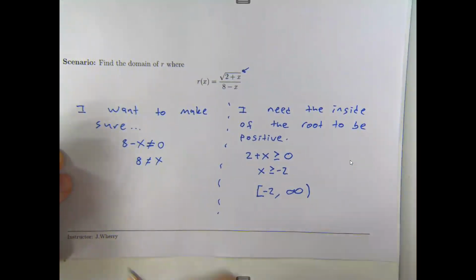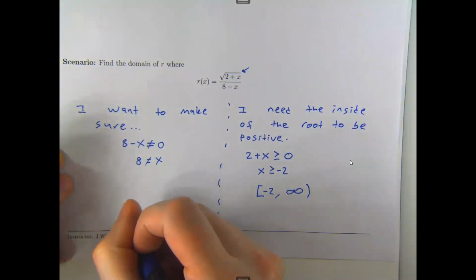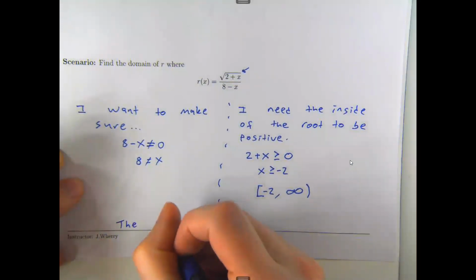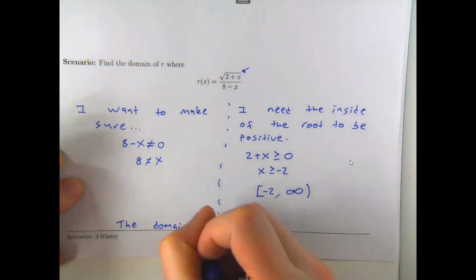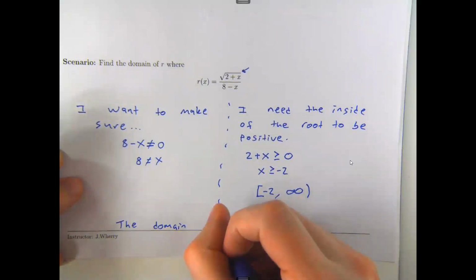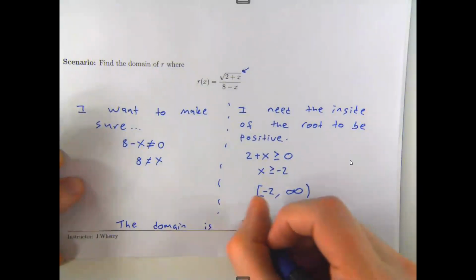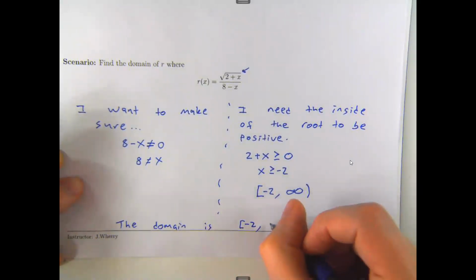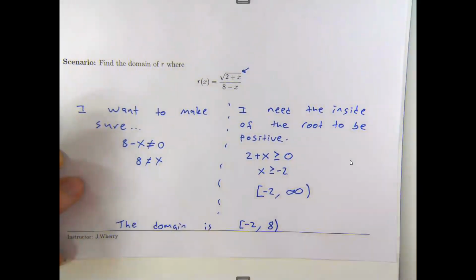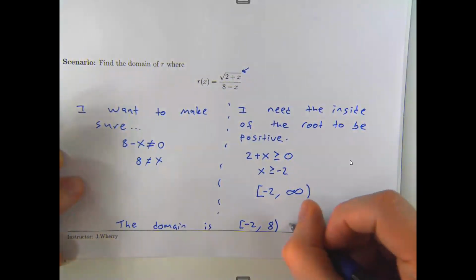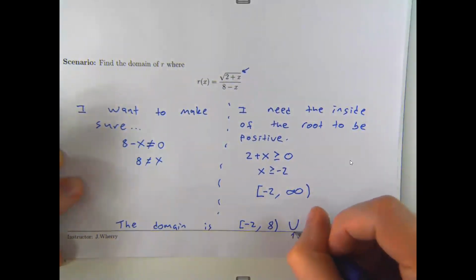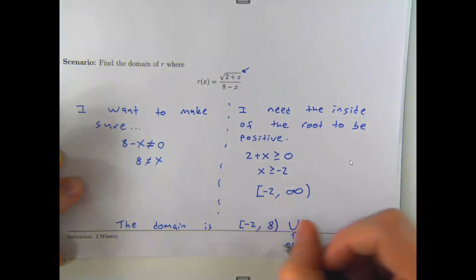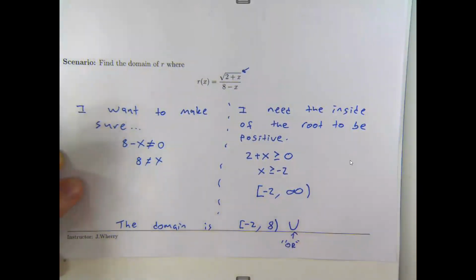There are a lot of different ways to write this, but you could say the domain is from negative 2 to 8, not including 8 because we want to take that away, or, and this is the symbol or. Whenever your answer has multiple pieces, you can say or.